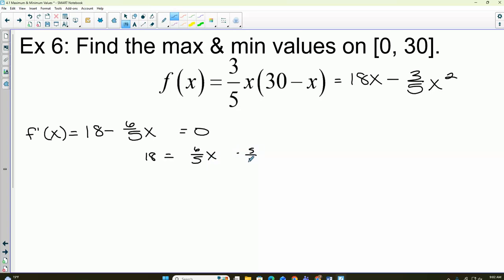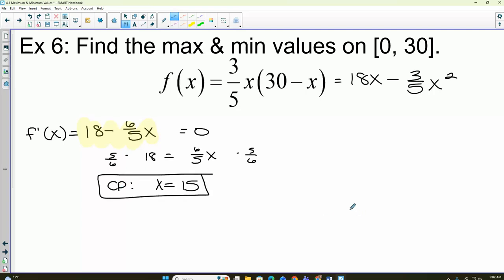Multiply by 5 over 6 on each side. We get x to equal 15. Is my derivative 18 minus 6/5 x ever undefined? No. The undefined happens when you have a variable in the denominator. So that's my only critical point.